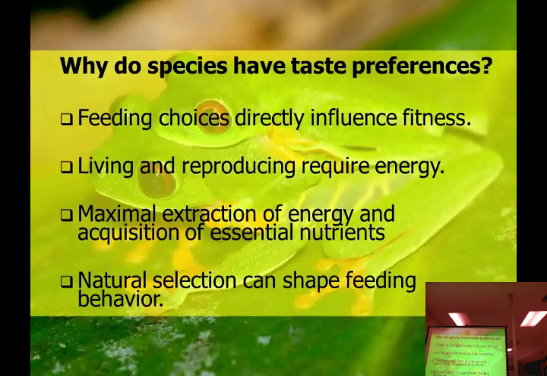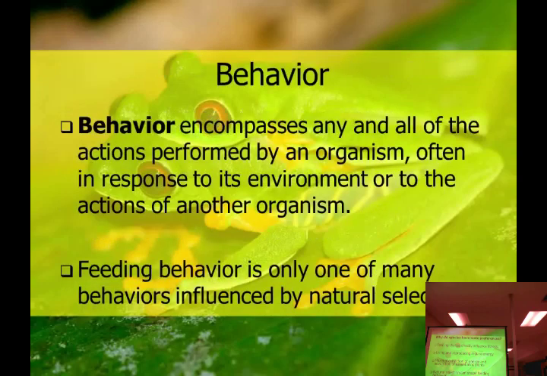And then natural selection can shape the feeding behavior. So the way that we would go out and search for food, and the way all species go out and search for food, is going to change their behaviors.